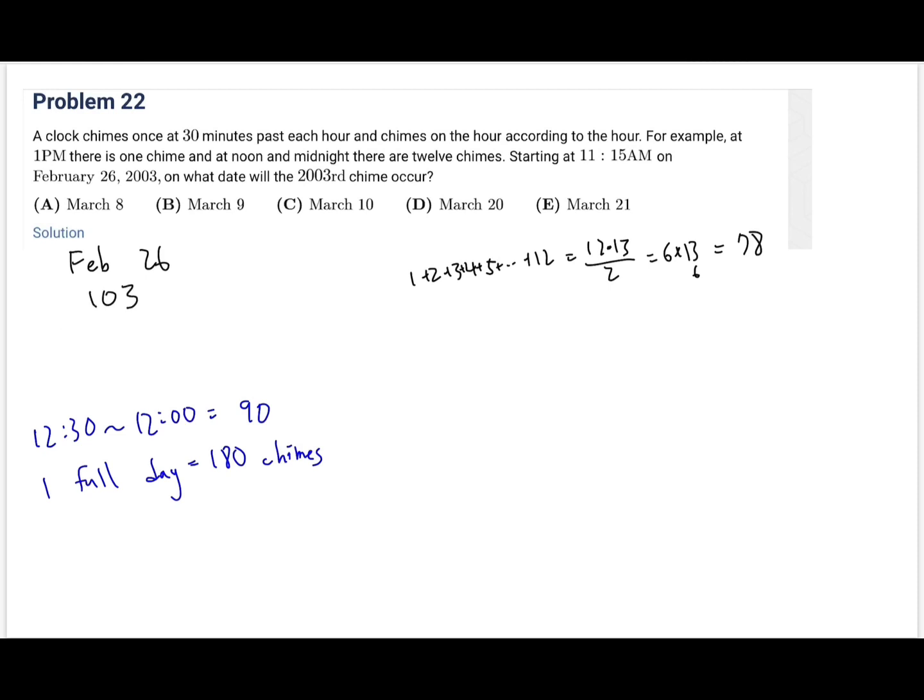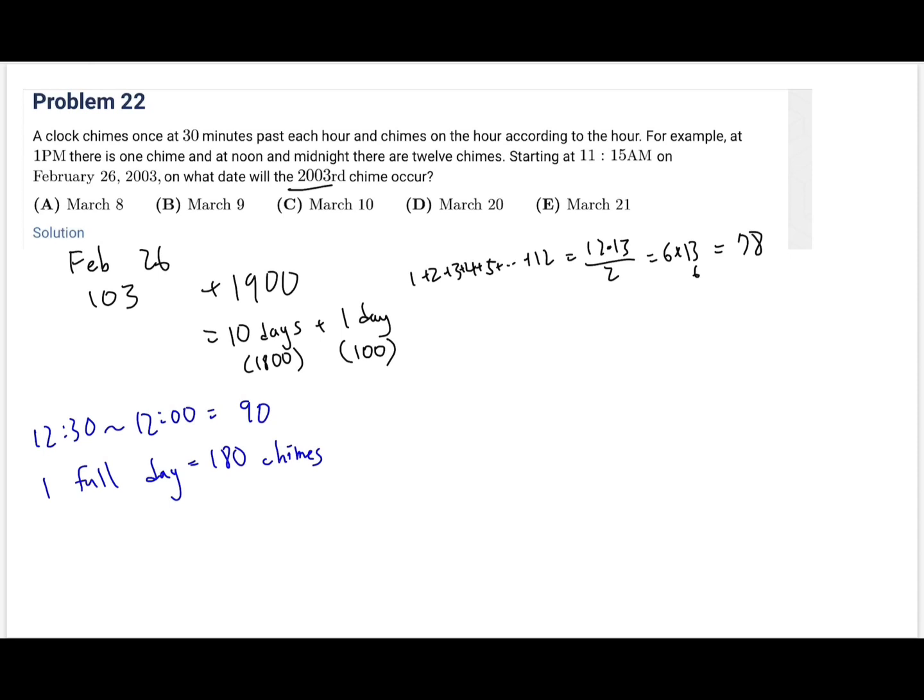And then for it to have the 2003 chime, we need 1,900 more chimes. So this means 10 more days, which has 1,800, plus 1 more day, which will get up to the remaining 100 that we need.